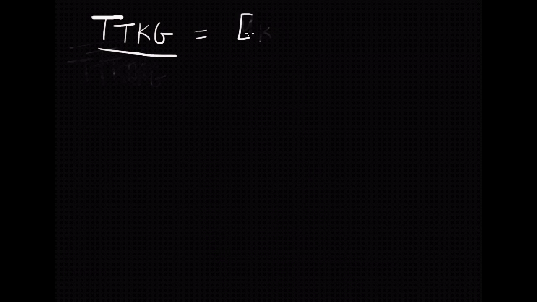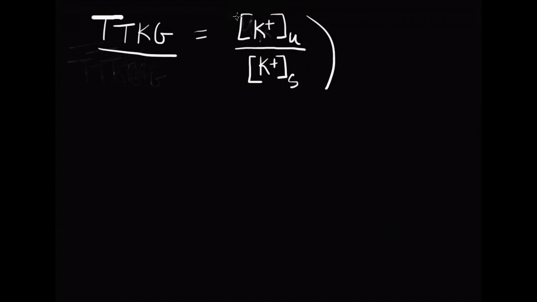This is one of the more common formulas that's used to determine how the kidney is handling potassium in the body. And we went over the contraindications for using the TTKG. We also talked about the parameters that have to be met in order for the TTKG to be accurate.